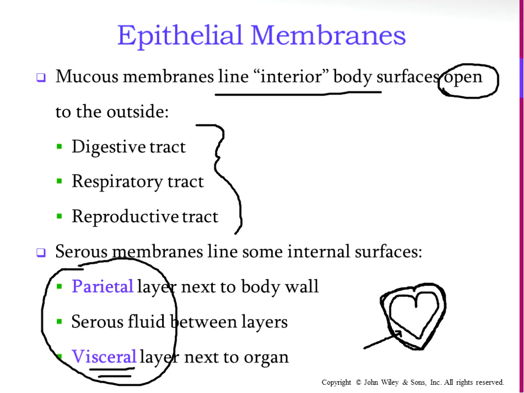Parietal, again, is closer to the body's wall. It's more outer, more external. Visceral is lying right on the organ. If you were in lab and you dissected the pig and you cut open the very tough pericardium and saw the heart glistening, that was the visceral layer of the pericardium. It's right on top of the organ.